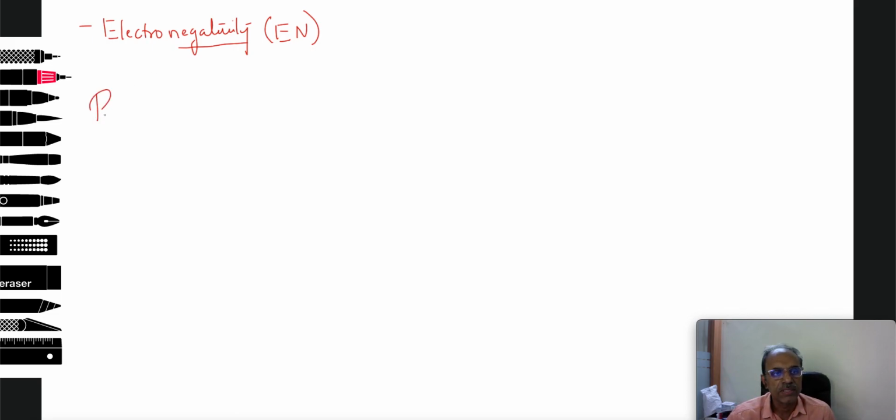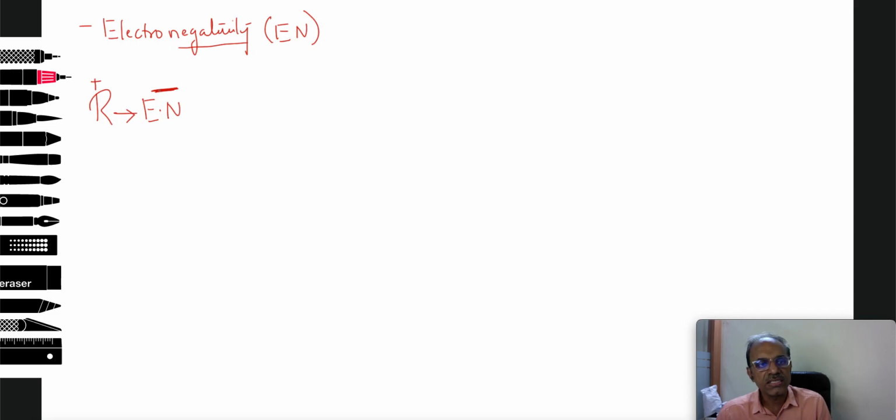Take for example, this is some electronegative element. It will pull electrons, so it will become rich in electrons, and this will be deficient in electrons. So rich in electrons is always indicated by a negative sign, and the element which loses electrons is denoted by positive charge.